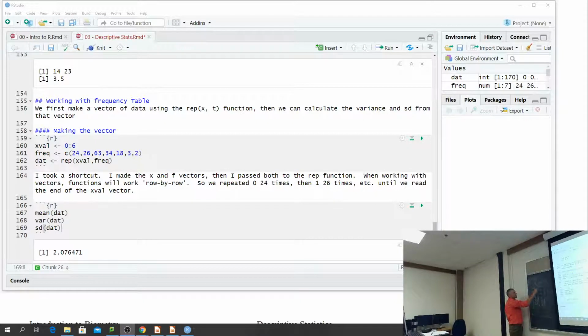And then it goes 1, 26 times, and 2, 63 times, 3, 34 times, and so forth. And it goes row by row until it gets to the very end, and then it says, there's nothing more, I must be done. All right? So when I created this rep, it just keeps adding on to the output until it reaches the end, the output's done, and then I save it as the dat vector.